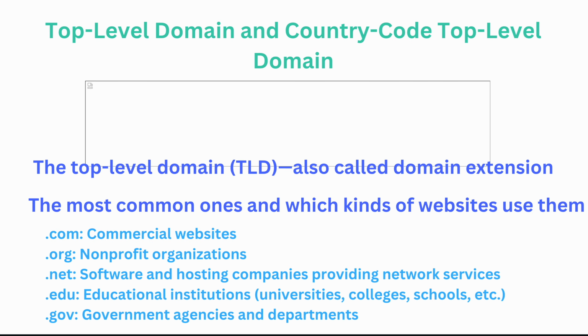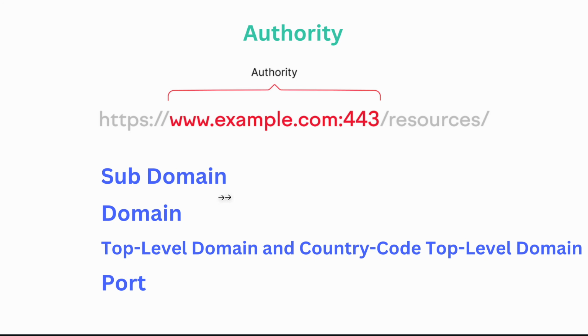Then there is top level domain and country code top level domain. What does it mean? Top level means TLD, right? This .com. Sometimes you see .com, there is .org, .in, .us, .info.